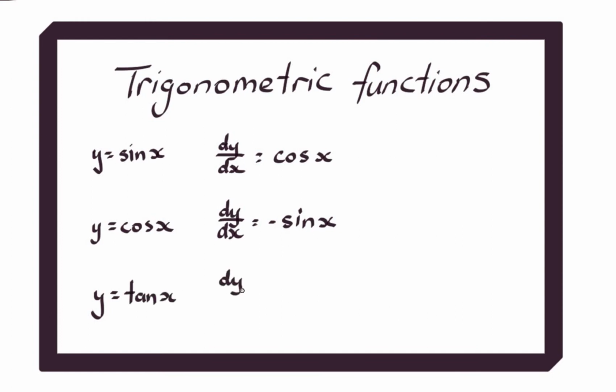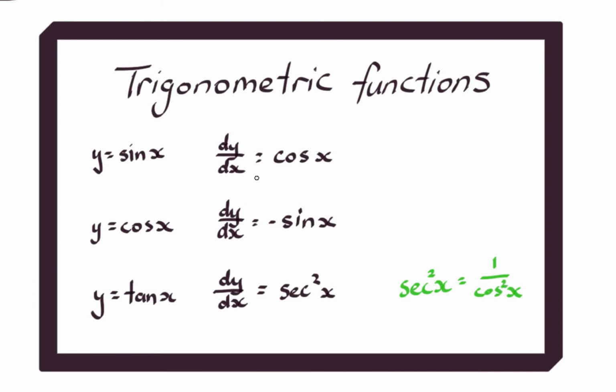The derivative for this is a little more complex. It happens to be sec squared of x. So remember that sec is 1 on cos, 1 on cos of x. And so therefore sec squared is 1 on cos squared of x.